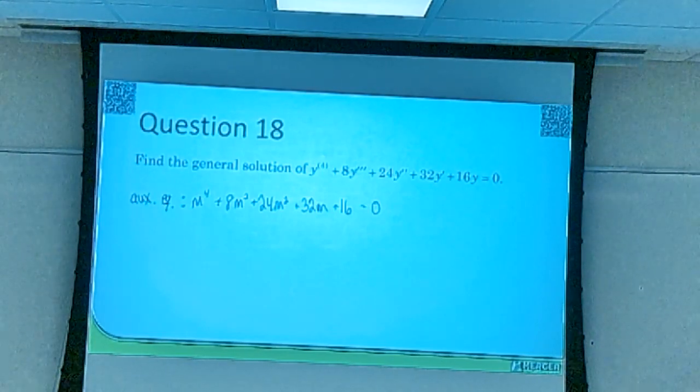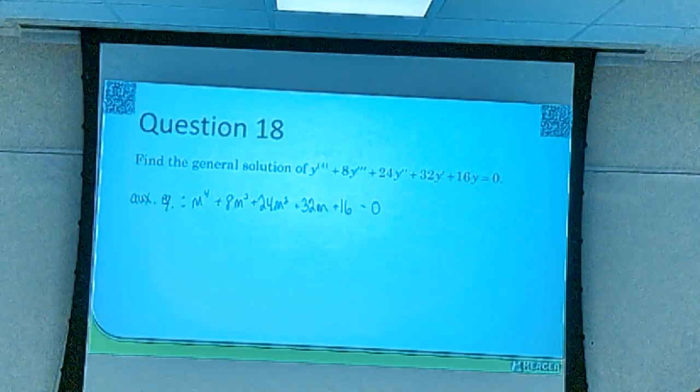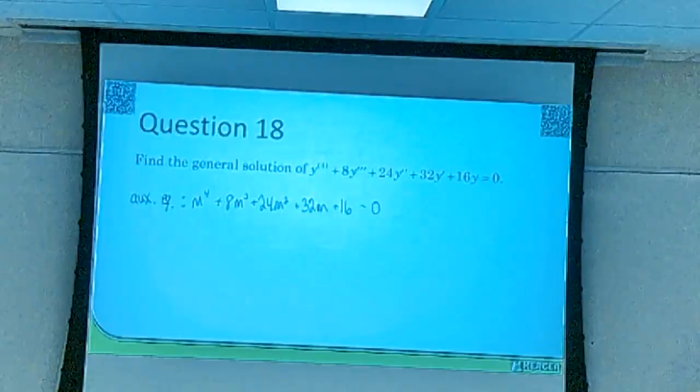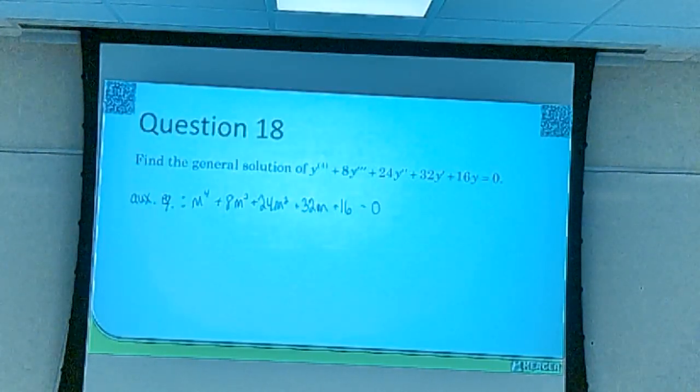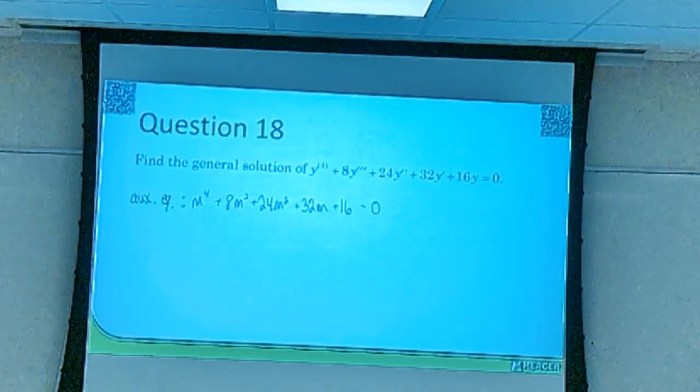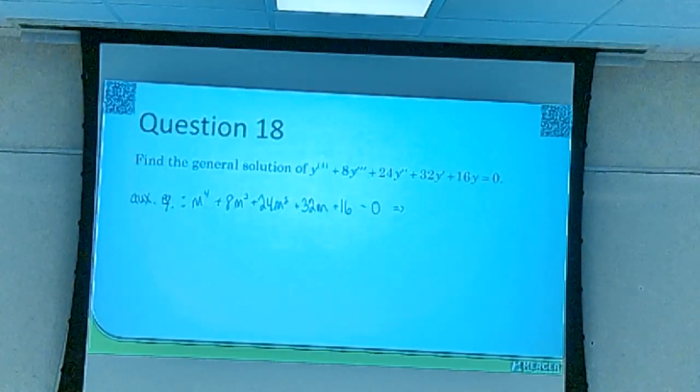Can that be factored? Without a calculator?